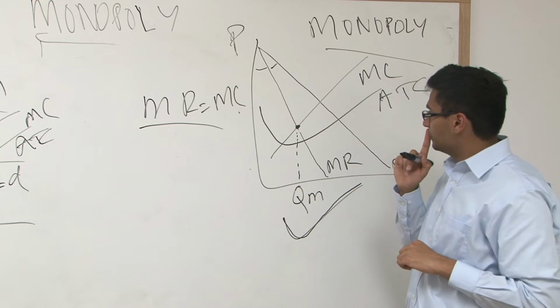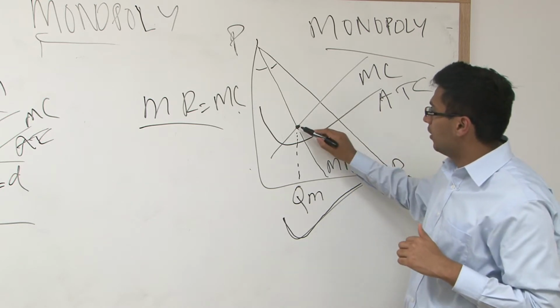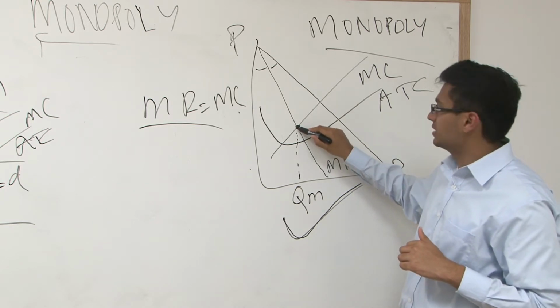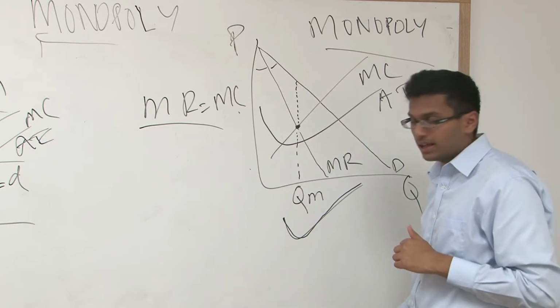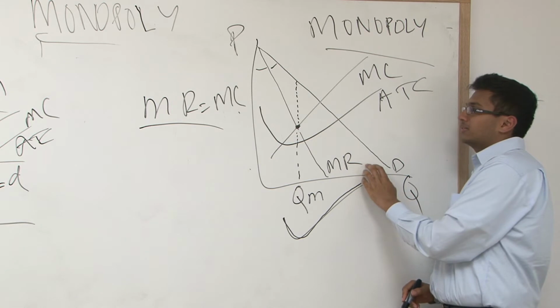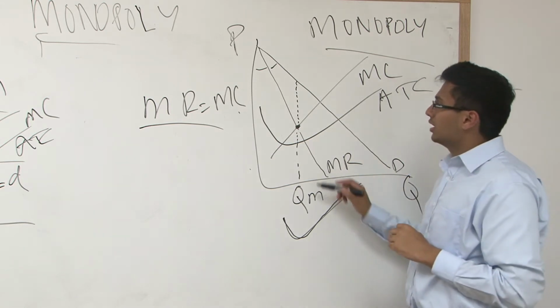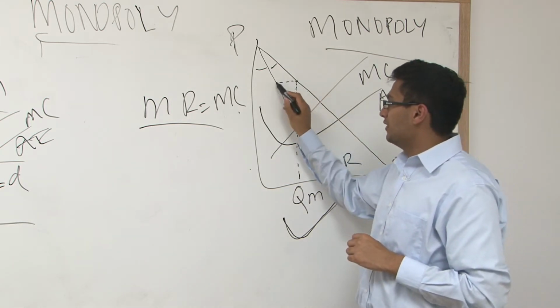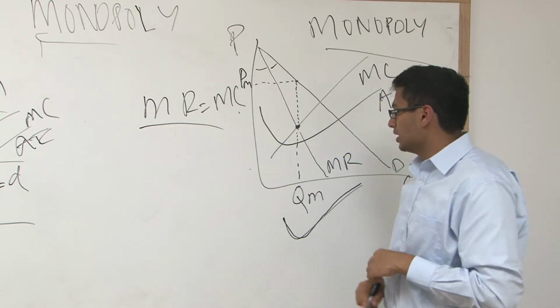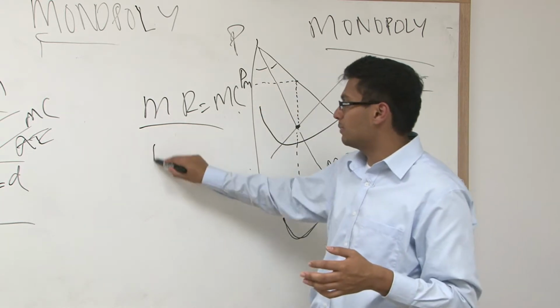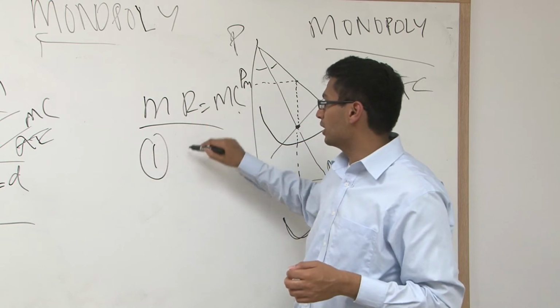Then what you do is you go up. You go back to where MR equals MC, and you go up until you hit demand. This is the demand for the consumers. And then you go to the left, and that will be your price. So let me write it down in steps. Step one was to find where MR equals MC.